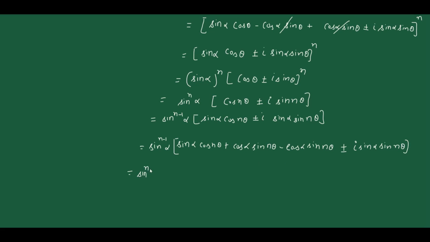So rewrite sin n minus 1 alpha. Now this is sin a cos b minus cos a sin b. So this is sin alpha minus n theta. Okay, now adjust this term with this one. Okay, so you can write this as cos alpha sin n theta ± iota sin alpha sin n theta.